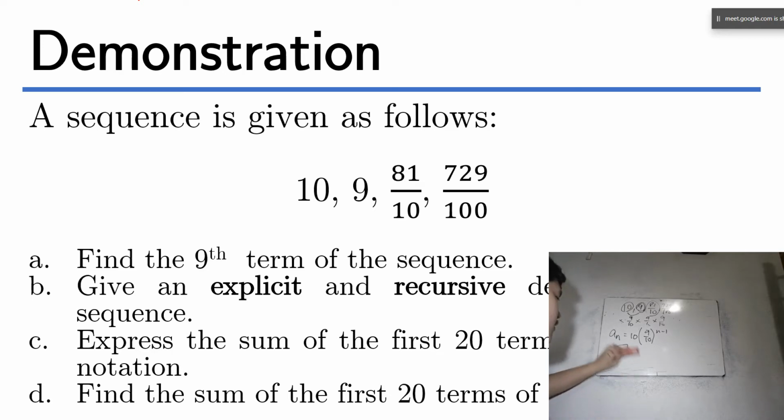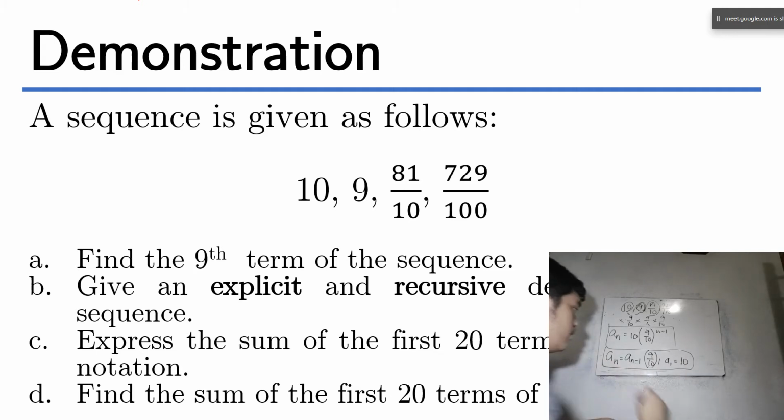Okay na yan. Tapos na. Ito na yon, no? Explicit definition na to. Yung recursive definition. Ano yung recursive definition? Diba? To get to the next term is equal to 9 over 10, the previous term, no? Ito na yon. Kaya lang, lagyan mo ng first term, a sub 1 equals 10. Yun lang. Yun na siya, no?